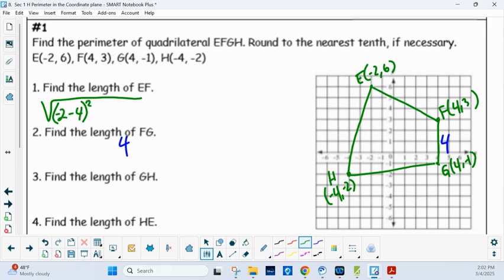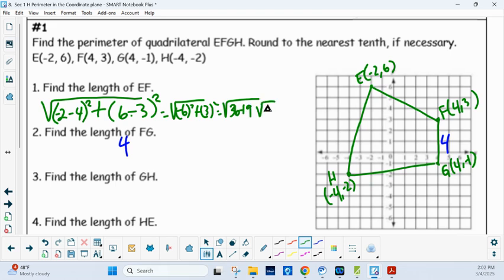-2 minus 4 squared plus, Maya tells us the Y's we've got to use. Good, 6 minus 3, E to F. You can go the other direction, but whatever you start with, go with that. You're going to get really fast at these. -6 squared plus 3 squared. -6 squared is 36 plus 3 squared, 9.